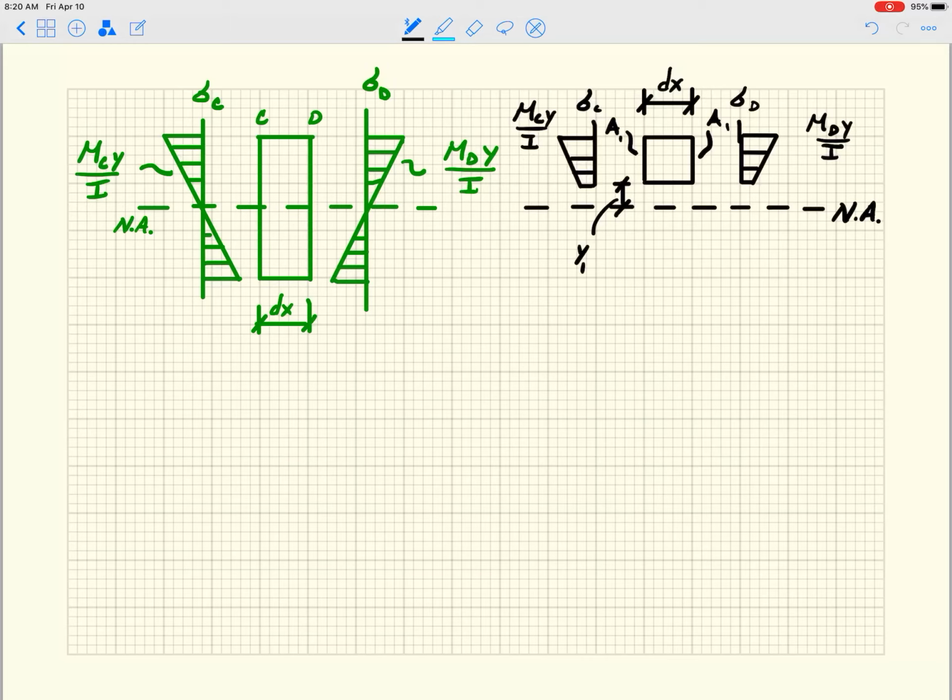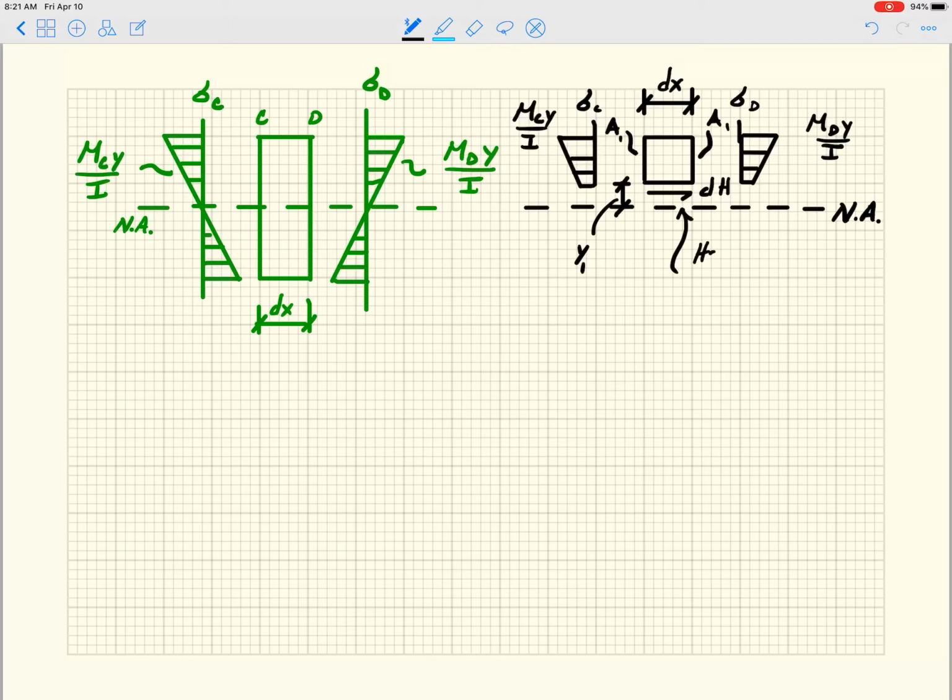The one thing you will notice here is that if the moment at C and the moment at D are not the same, then this cube right here, where I made the cut, is not in equilibrium. So what I need is a horizontal shear force there. I'm going to call it DH, H for horizontal.